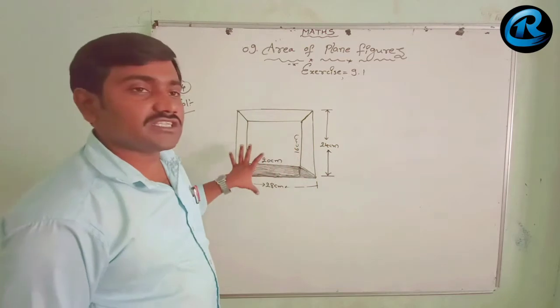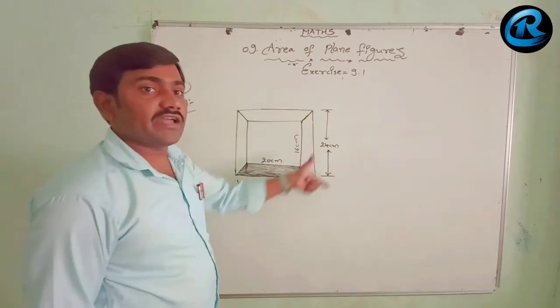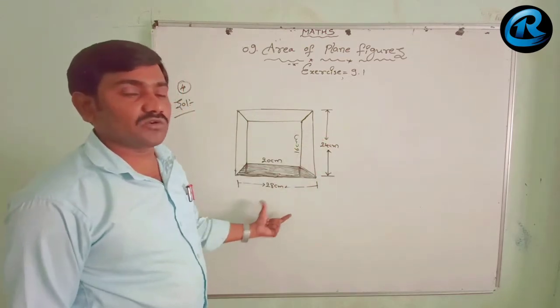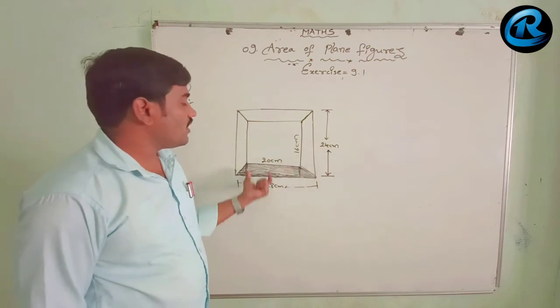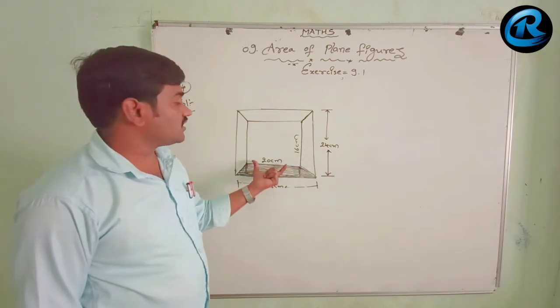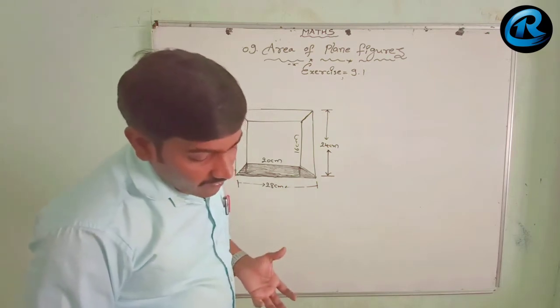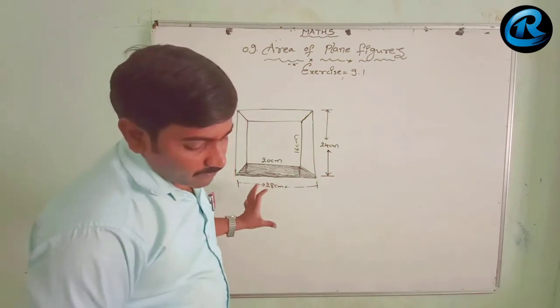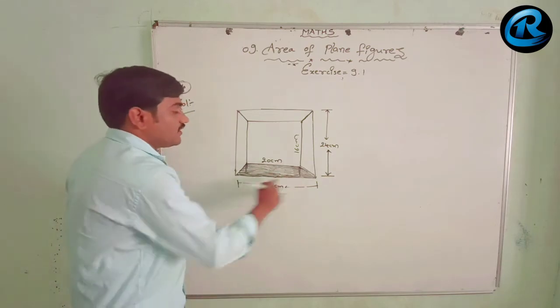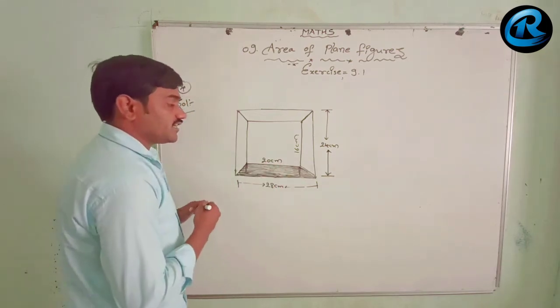So this frame is in the shape of a rectangle. Then find the area of the shaded part of the frame. We have to find out the area of the shaded region.